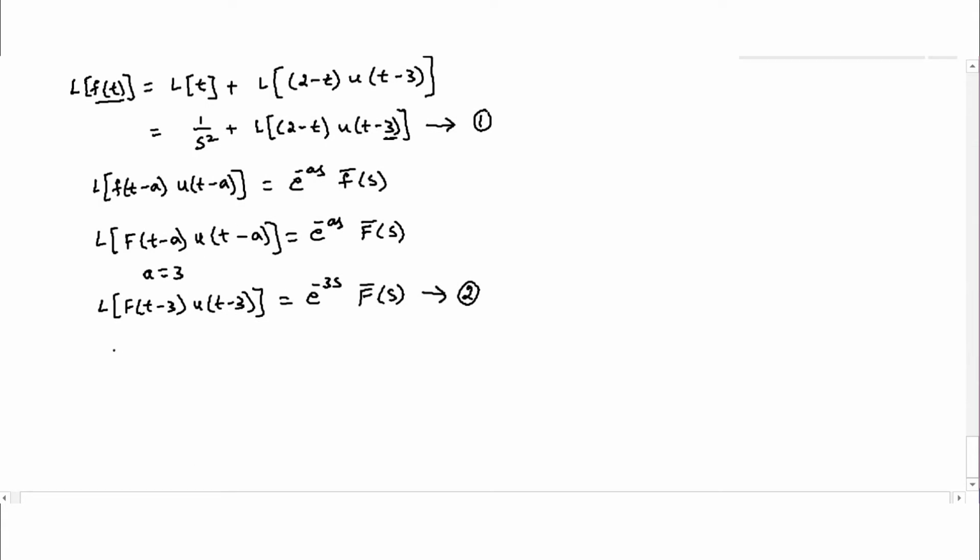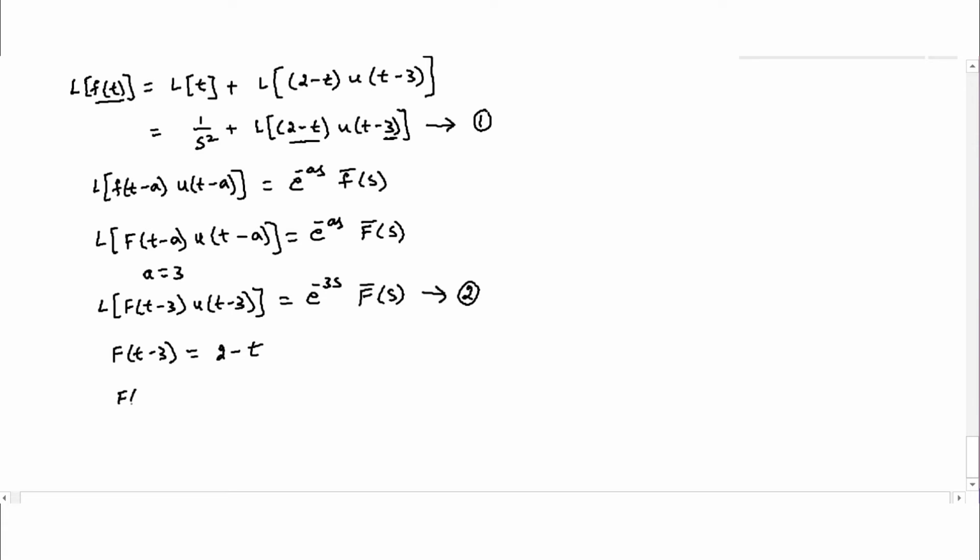Now what is the value of F(t − 3)? If you go back to equation number 1, f(t − a) is nothing but 2 − t. So F(t − 3) can be written as 2 − t. To get this as F(t), I'll just add 3.